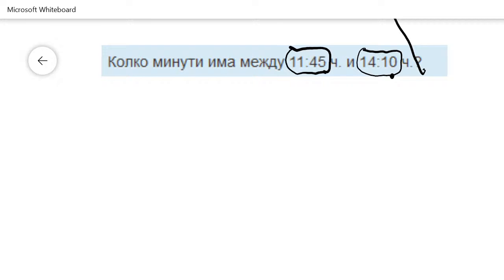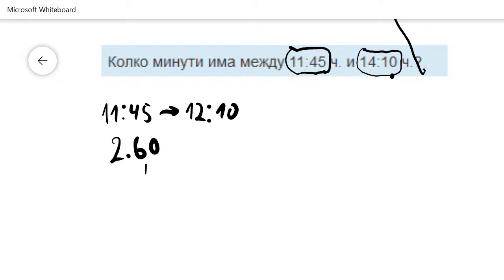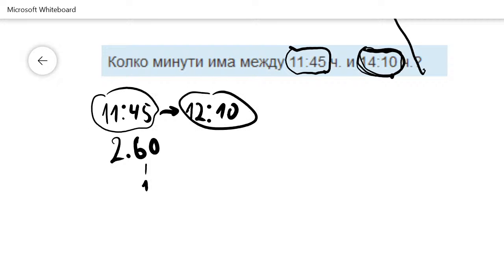We will see how many minutes are there from 11:45 to 12:10, because if we make that, we'll just add 2 multiplied by 60, because 60 minutes are 1 hour, and we will get to this thing. So to make from this, we have to add up 10 minutes and 15 minutes.